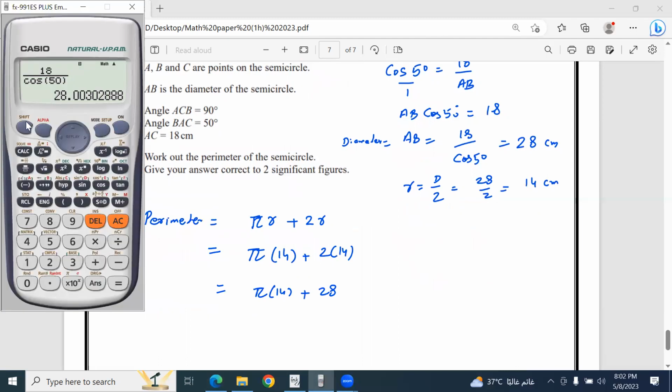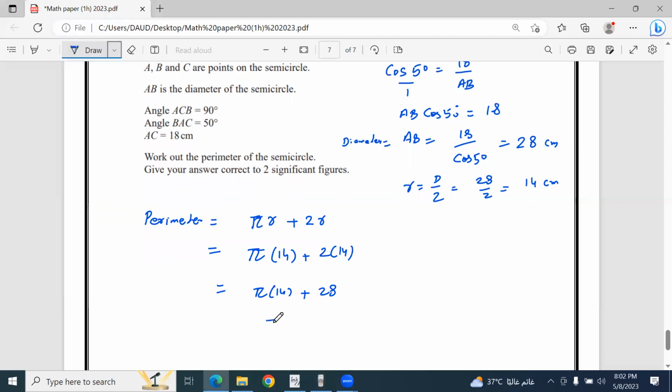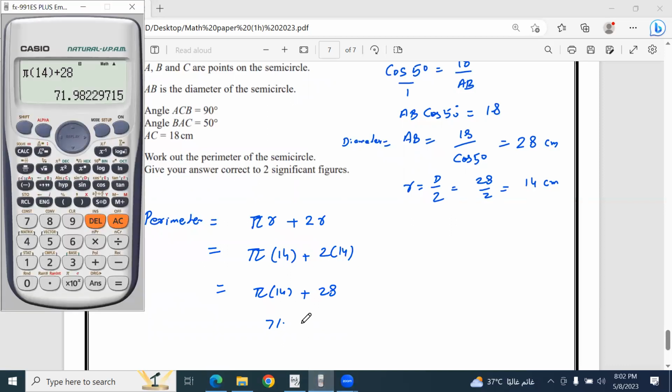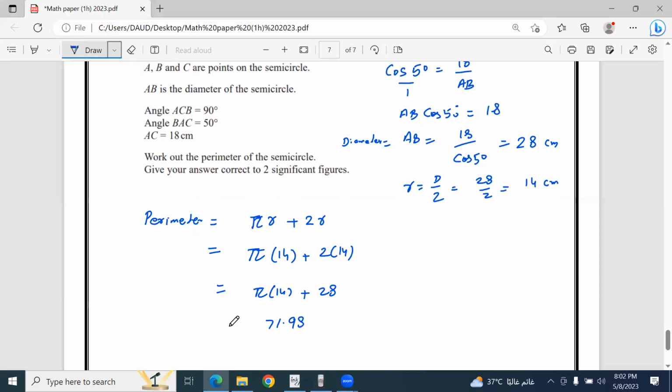Check in your calculator: shift 10 gives pi, open bracket 14, plus 28 equals 71.98. But they want the answer to two significant figures, so we will write 72 centimeters. I hope you understand.